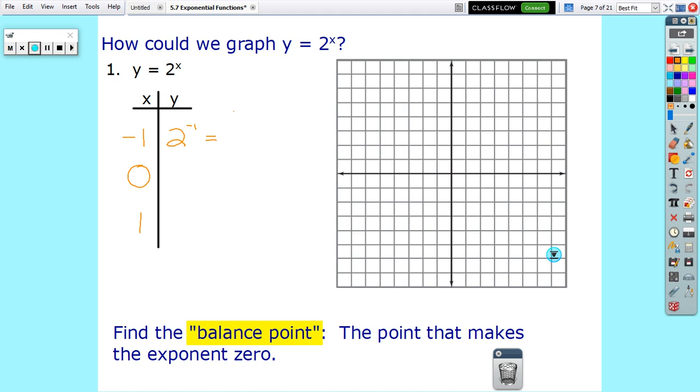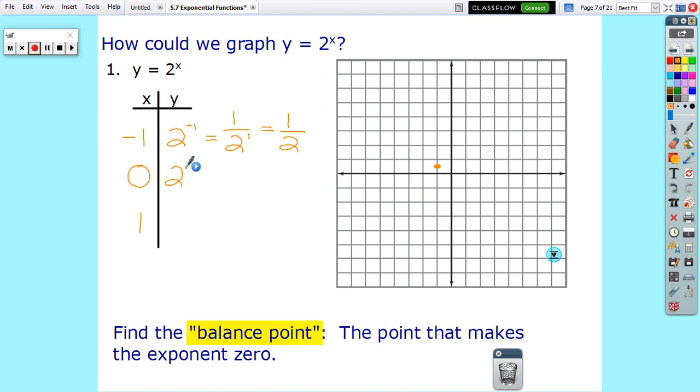The reciprocal would be 1 over 2 to the first power, and anything to the first power is always just itself. Remember, this is your x coordinate and this is your y coordinate, so that gives you your ordered pair. The first ordered pair that we're going to graph is -1, 1/2.